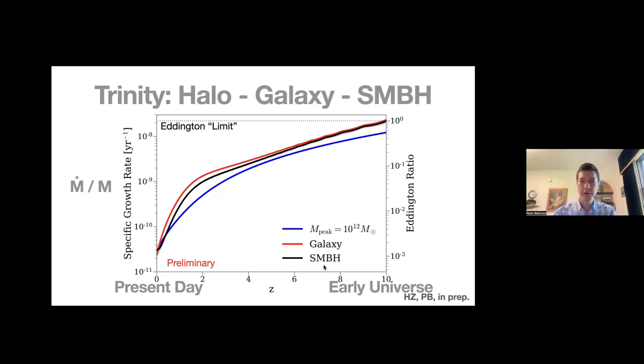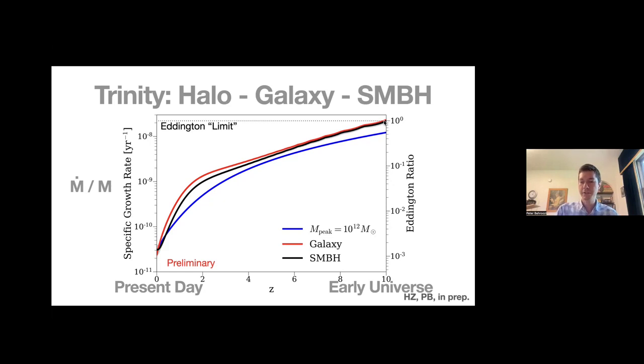And that's a question that's focused on what the supermassive black hole is doing. If we step out a little bit and talk about what the host galaxy or the host halo is doing, then what we find is that typical growth rates for the galaxy, shown here in red, or the host halo, shown here in blue, end up being much, much higher at earlier times, such that typical galaxies grow at the Eddington limit for black holes above redshift 10.